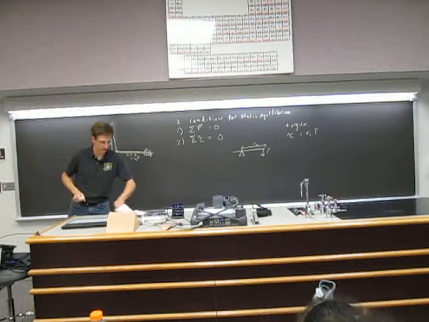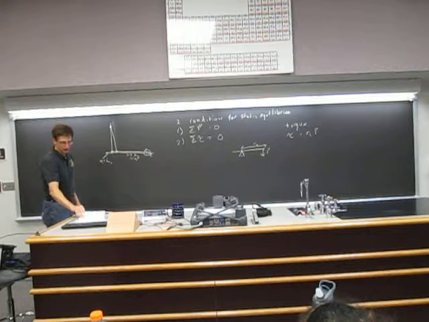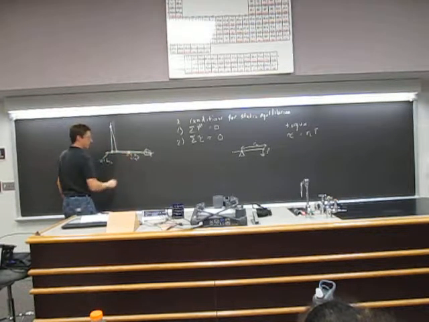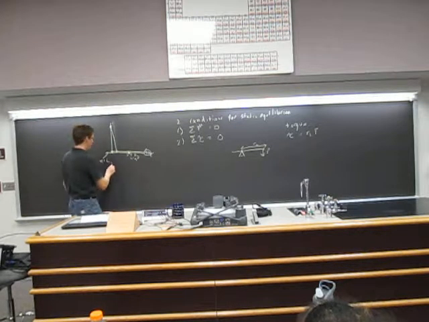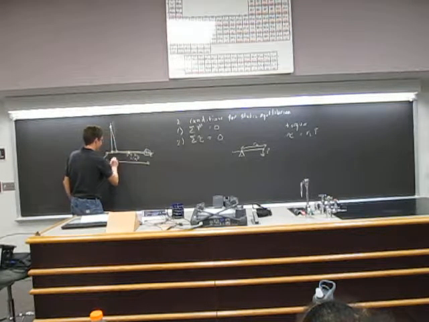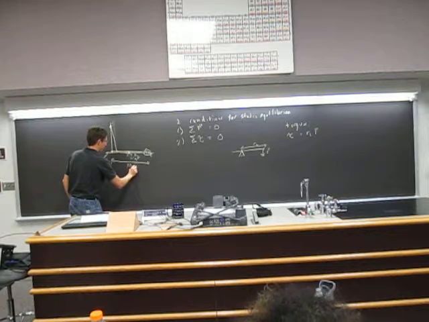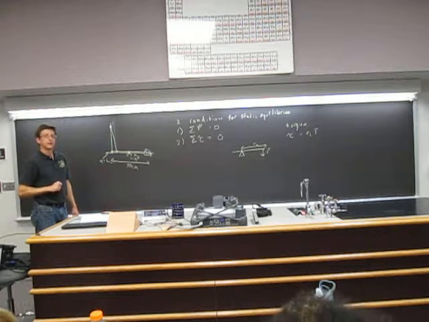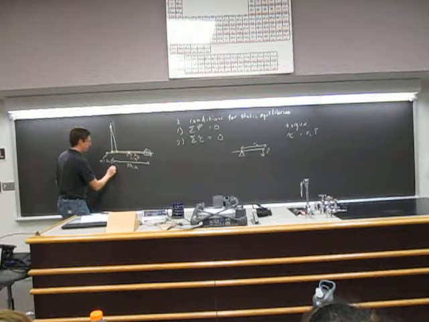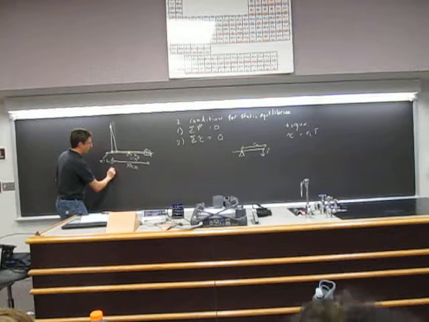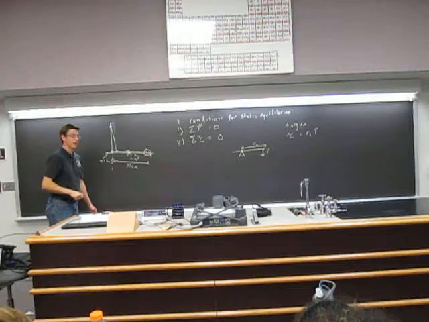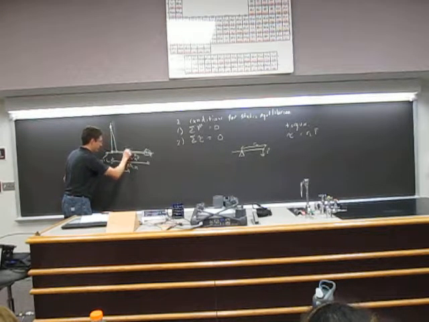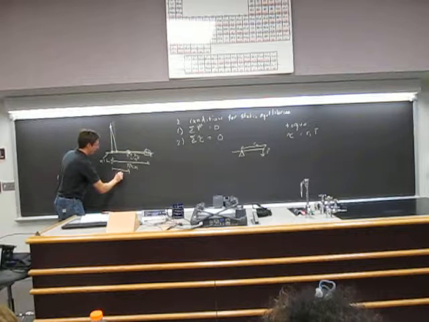Let me see if I can get these measurements correct. The length of the forearm is 40 centimeters from here to here. The length from the elbow to the center of mass of the arm is 15 centimeters.